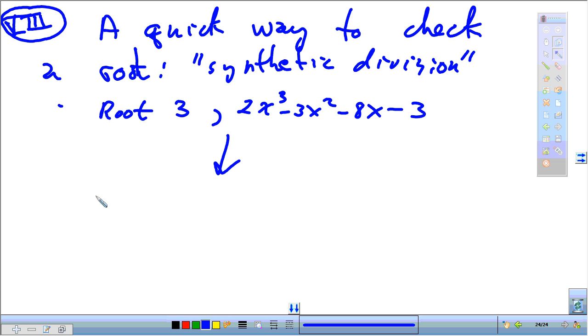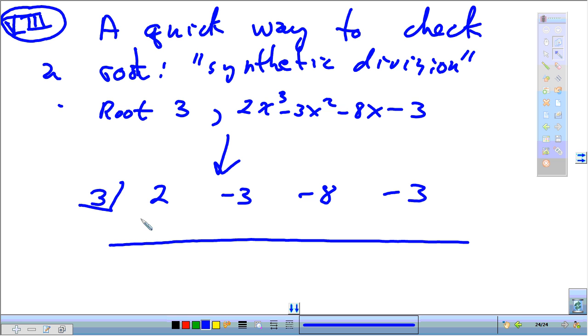So take those numbers, 3 for the root, and the coefficients 2, minus 3, minus 8, minus 3. So I've taken these numbers, the coefficients, just dropped the variable from all of the notation, but kept them in order.